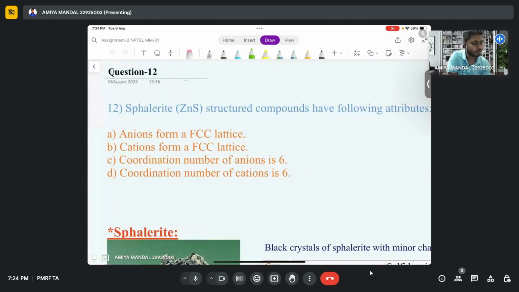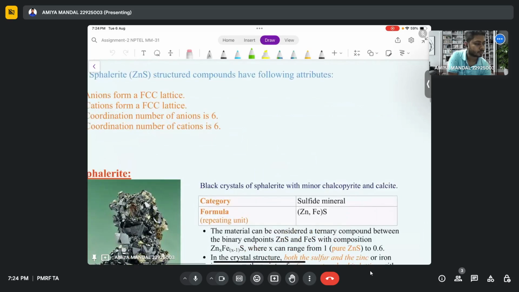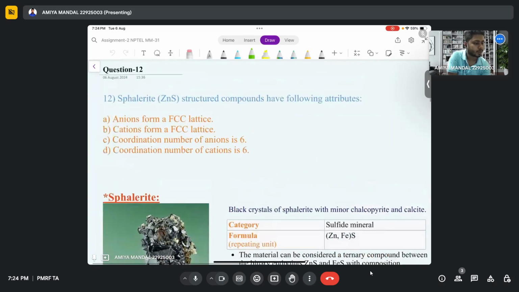Now, question number 12. Sphalerite, that is the zinc sulfide structure, compounds have the following attributes.